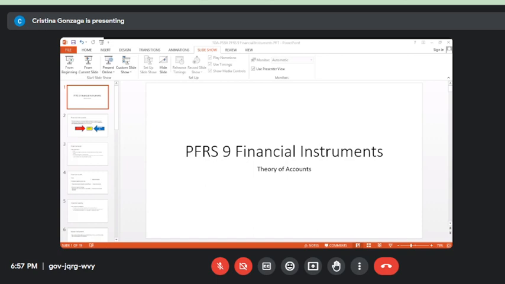By the way, what is the difference between debt instrument and equity instrument? Debt instrument has a maturity date. Tandaan nyo, may maturity date. Basta debt instrument. Whereas equity instrument does not have maturity date. Naku, yan ang number one na glaring difference between debt instrument and equity instrument.